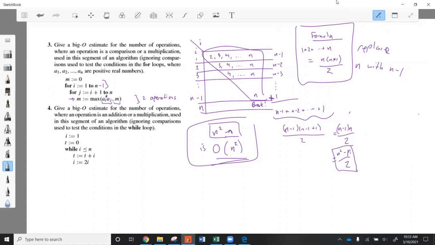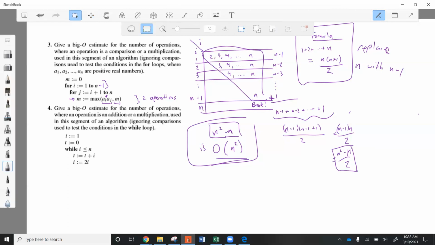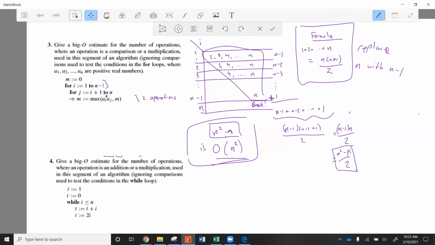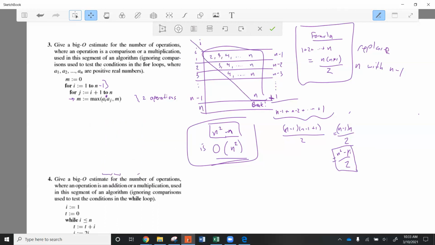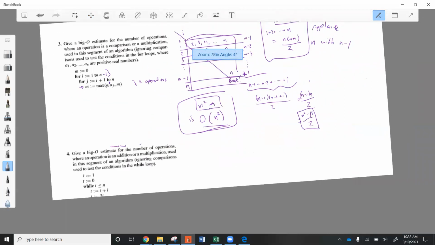So let's compare this with the other one here, right? What did you folks get for this one, by the way? Because you did this on your assignment. I think it was just big O of n. Oh shoot, no, I screwed that up.